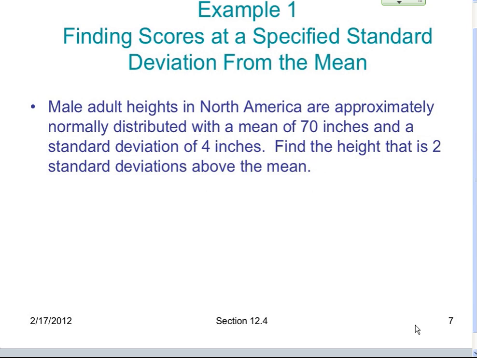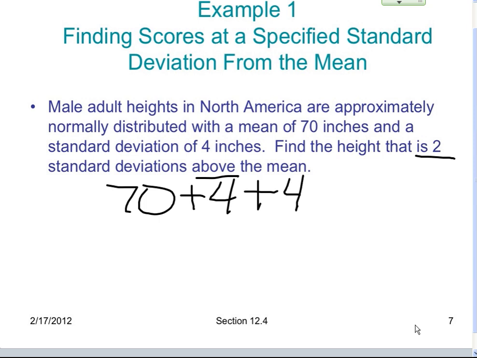If 70 is the mean, and I do one standard deviation above, that means add one standard deviation, which means add 4. If I want to do a second standard deviation above, I would add another standard deviation, and again, the standard deviation is 4. So the height that is two standard deviations above the mean is 78 inches.